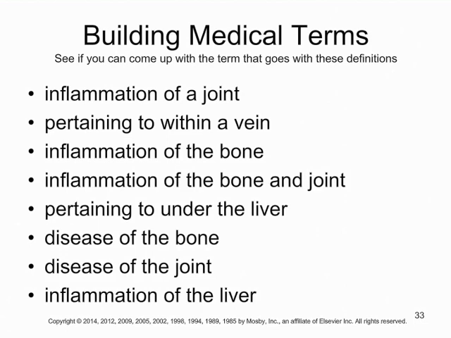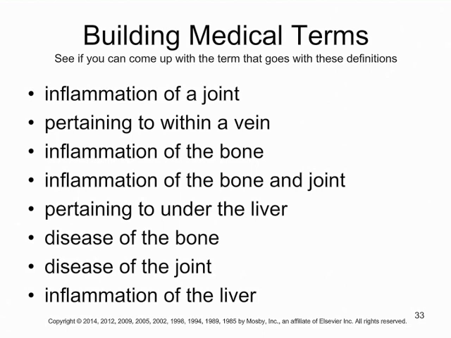Another type of exercise you're going to see is like this. This one follows along with exercise 18 on page 13 of your book. So I'm giving you the definition here, and your job is to build the medical word that means that definition. And you'll notice when you look in the book that it's already kind of broken down into sections.